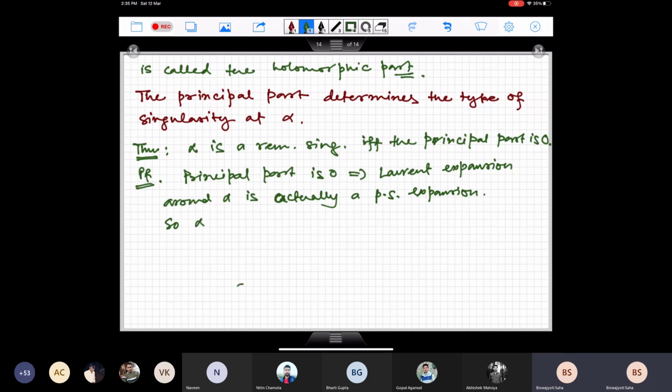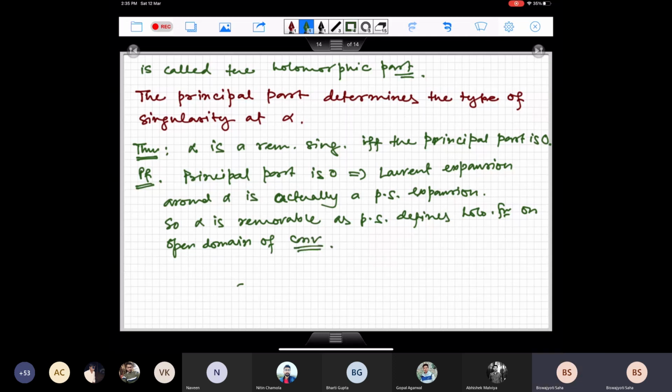So alpha is removable, as a power series defines a holomorphic function on its open domain of convergence, in particular at the center. That's fine. Now, if I have a removable singularity, I need to show that my Laurent expansion must have no principal part.